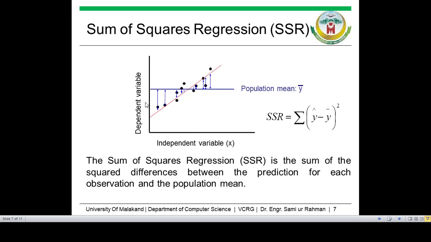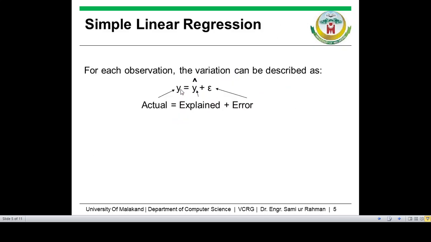In the previous error criterion, we were taking the difference of this value from this one, and here we are taking the difference of this point from this one, this point from this one, and so on. In the previous one we were taking the actual observation, but here we are taking the mean value.